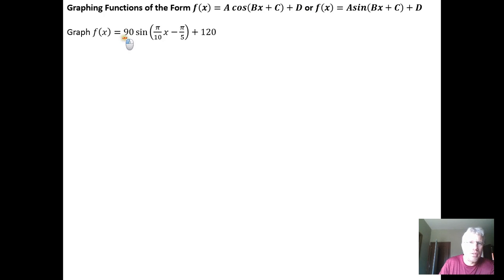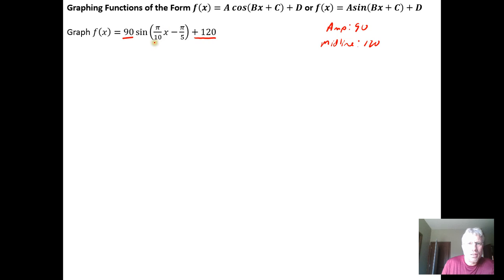We see from here that the amplitude of the function is 90 units. The plus 120 is going to move our midline, which is usually y equals 0 or the x-axis, up 120 units. So the midline is going to be 120.